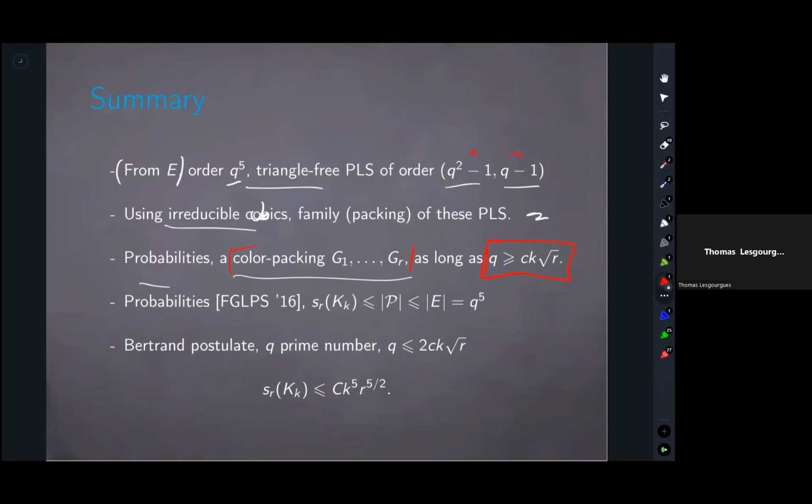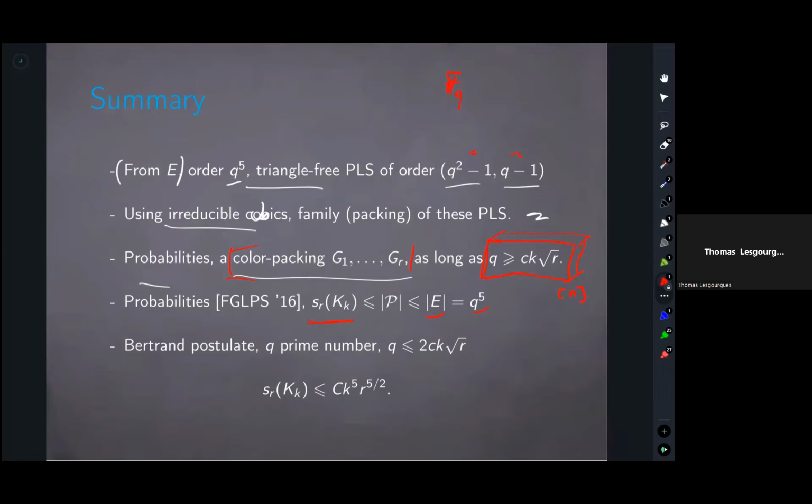Then we use probability again to prove that if we have the color packing, it means that our parameter, which we were interested in, is smaller than the vertex set of the graph, which in our case is the size of E, which is q^5. And so what we do, we want q to be larger than it is here, and a prime, because it's on the finite field F_q, prime power, but we're looking at the prime, which is fine.